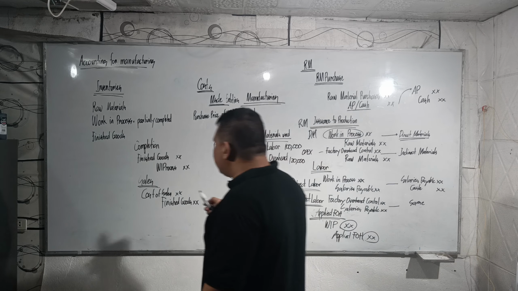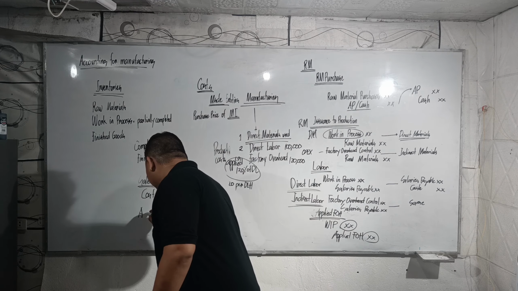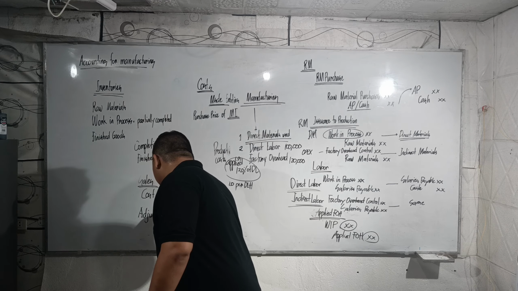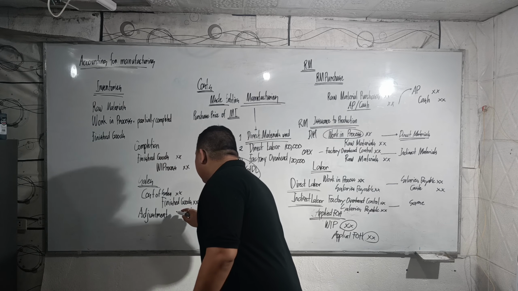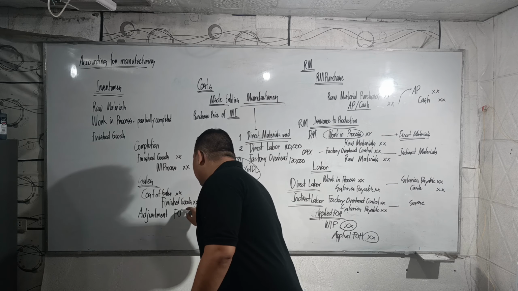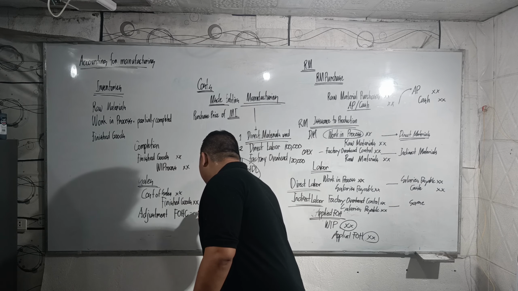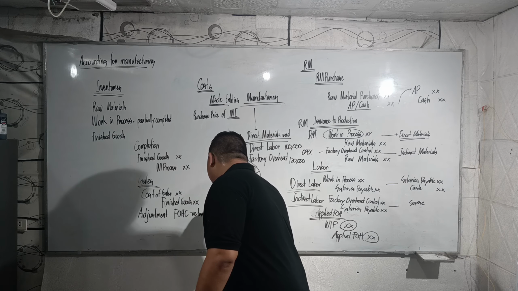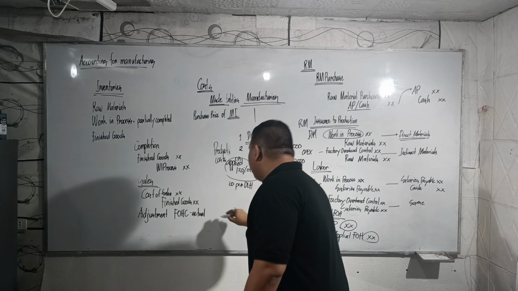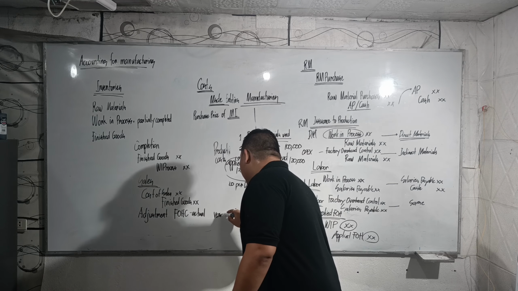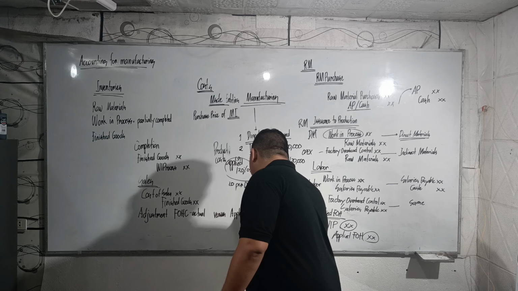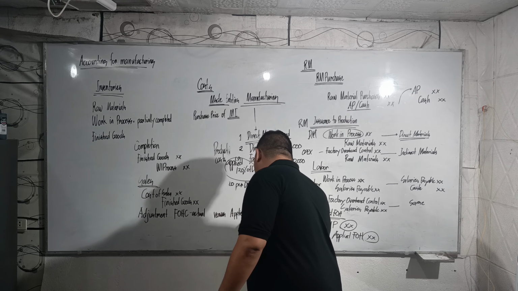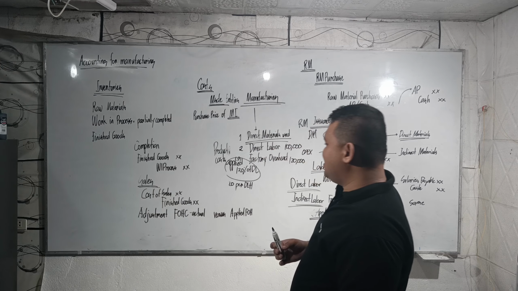However, I wanted you to have the adjustment because there is an adjustment here. We are going to compare factory overhead control, which is again the actual factory overhead cost, versus the applied factory overhead, something like that.